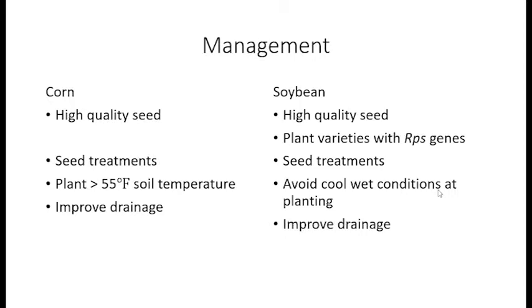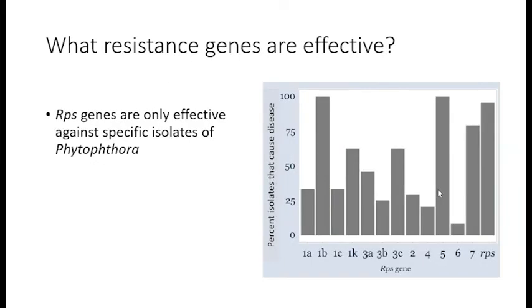It's not as specific, but people know to avoid wet and cold conditions for soybean planting, because wet and cold conditions favor a lot of Pythium species that can cause the disease. And last, but probably the most expensive also, is to improve drainage. If a field is having a lot of drainage issues, you're going to have more seedling diseases, right?